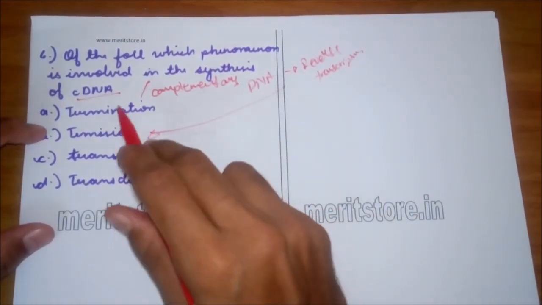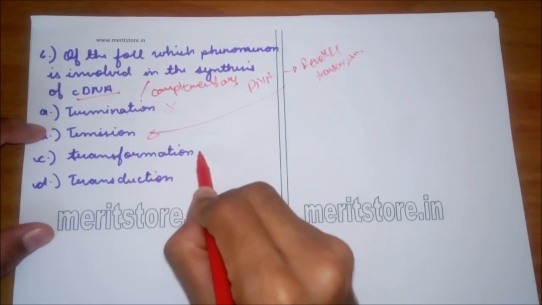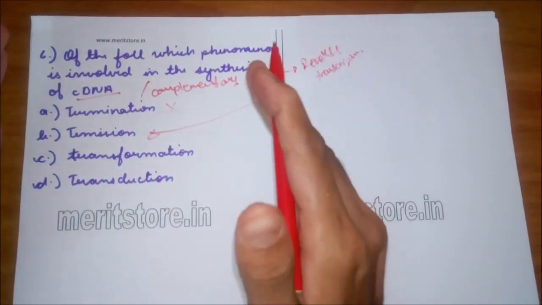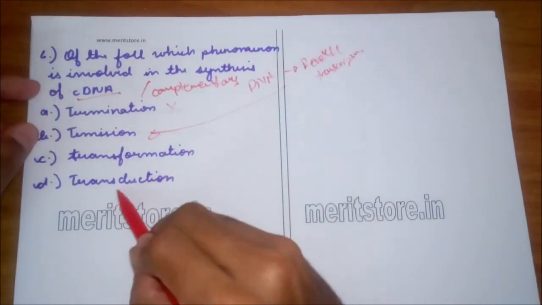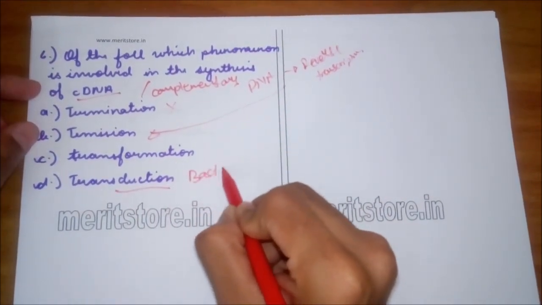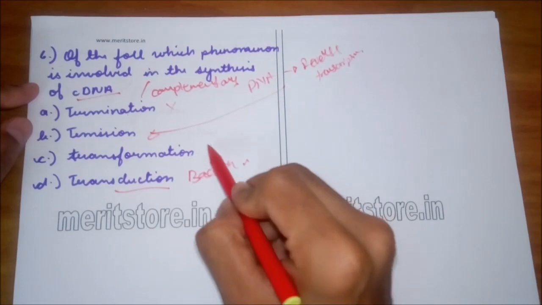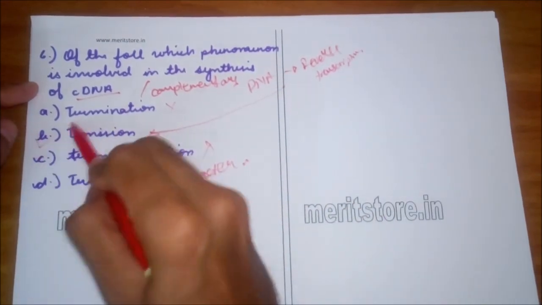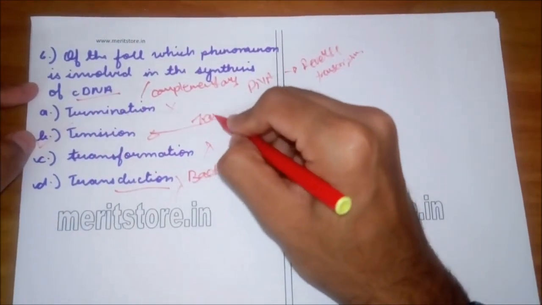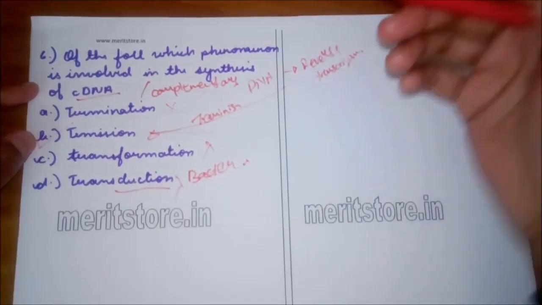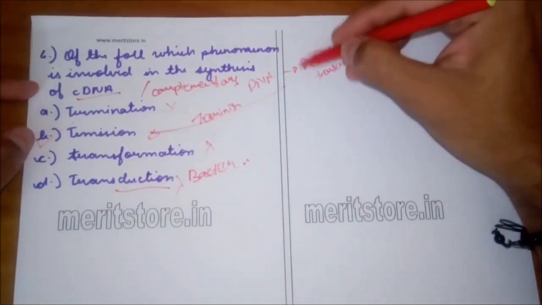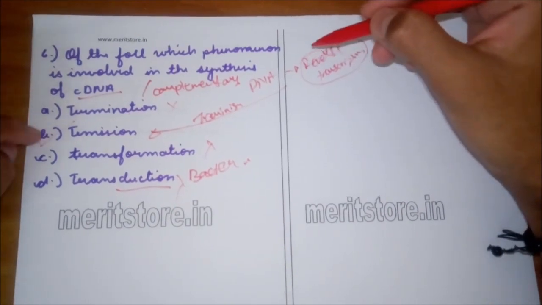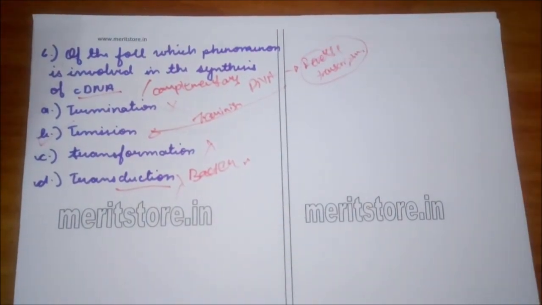Termination is wrong. Transformation is conversion of one bacterium into another in terms of characteristics. Transduction is with respect to bacteriophages. So these two options are also wrong. So Temin-ism is the process of obtaining complementary DNA from RNA by reverse transcription. So option B is the correct answer.